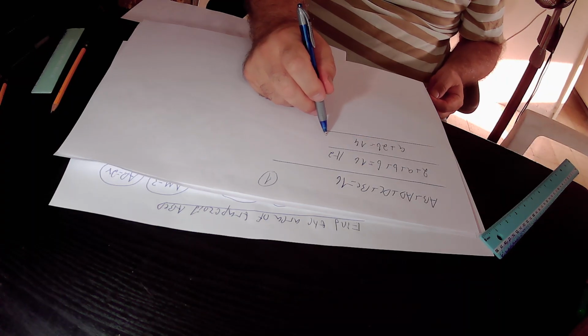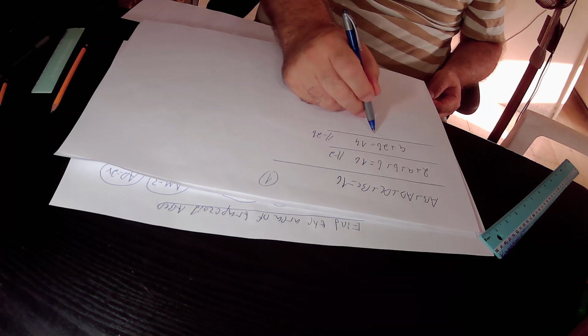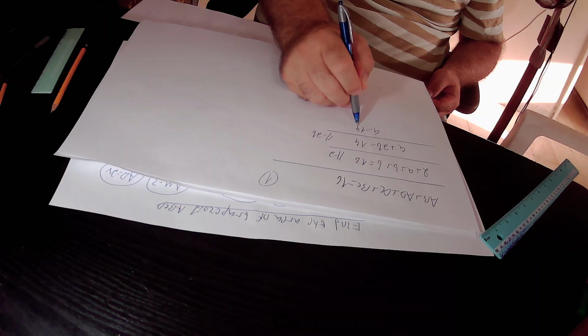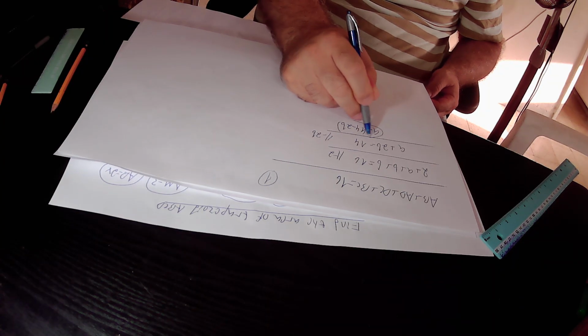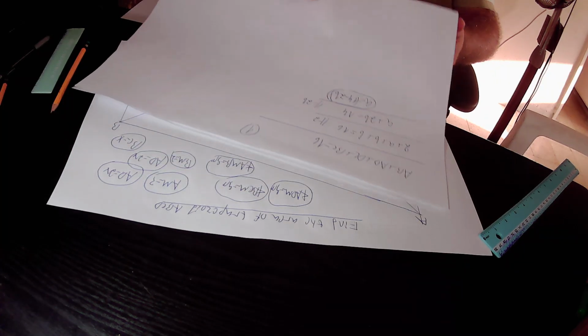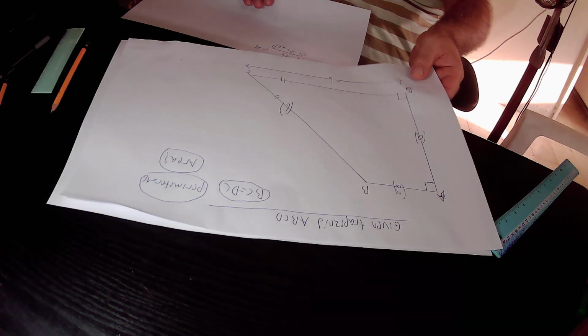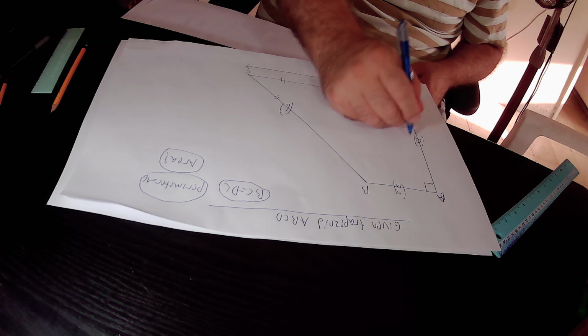Here we subtract 2B from this equation and get that A equals 14 minus 2B. So AD equals A units in itself, and A equals 14 minus 2B.